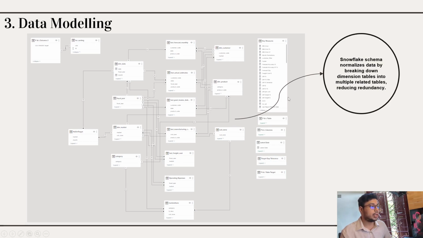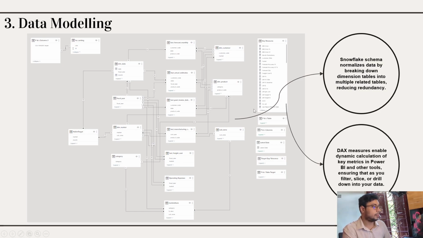I would not have been able to create all this if I had not connected those tables with each other using data modeling techniques. I'm talking about the DAX measures here.